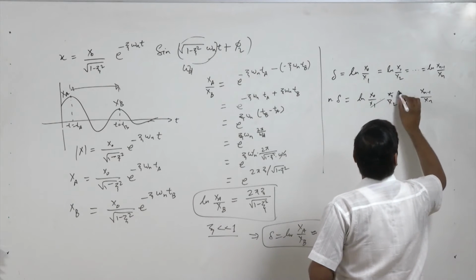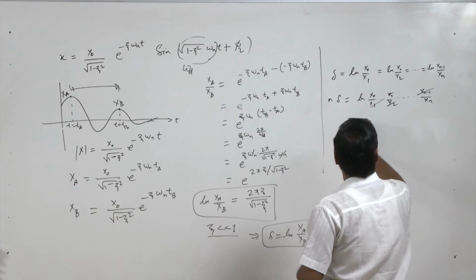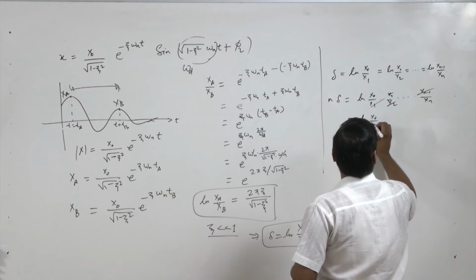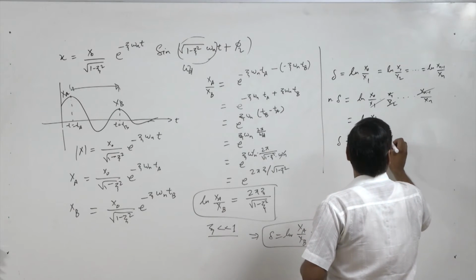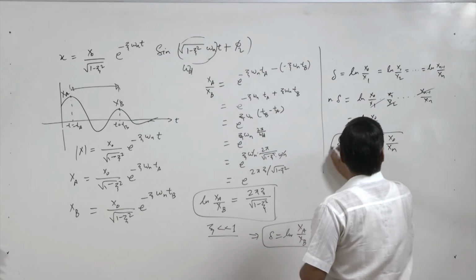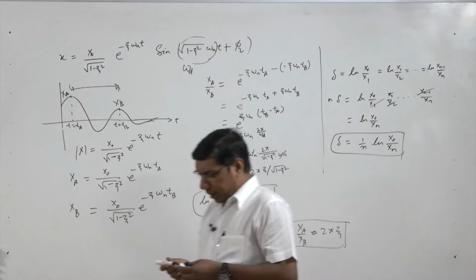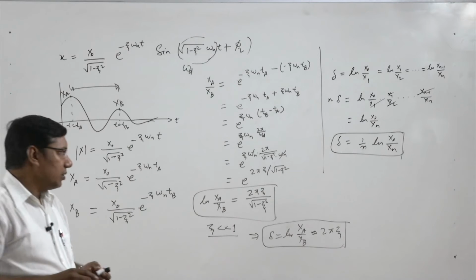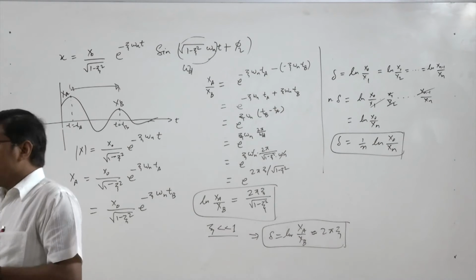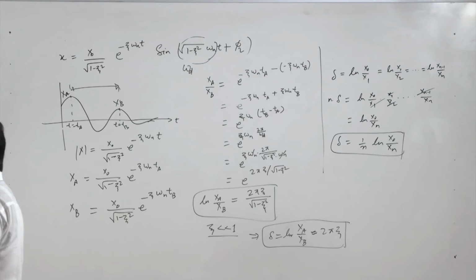All these intermediate terms will cancel out, and we will get ln x0 by xn. So here delta equal to 1 by n ln x0 by xn. This is another expression for the logarithmic decrement.